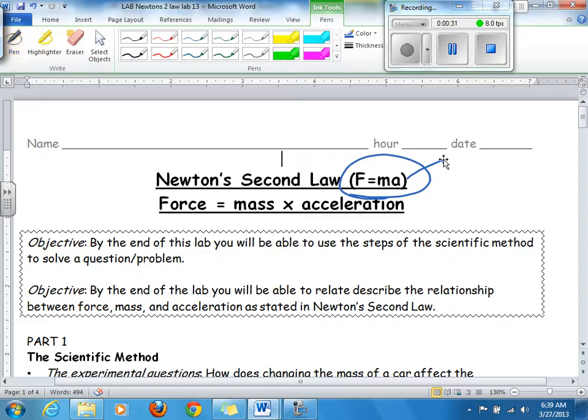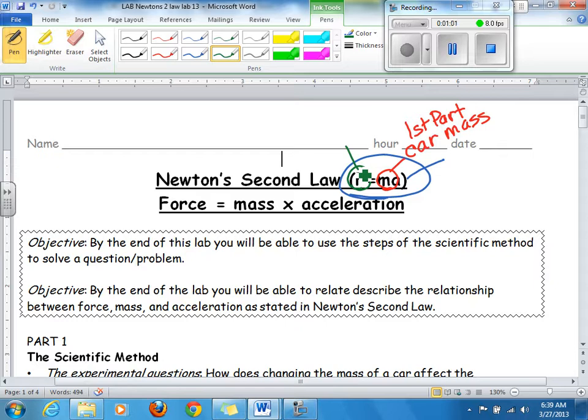On the first experiment, what we changed was the mass of the car. So this is the car mass, okay? And that was the first part that we did before break, okay? Now, the part that we did yesterday, we actually changed the force pulling on the car by changing the mass at the end of the string.